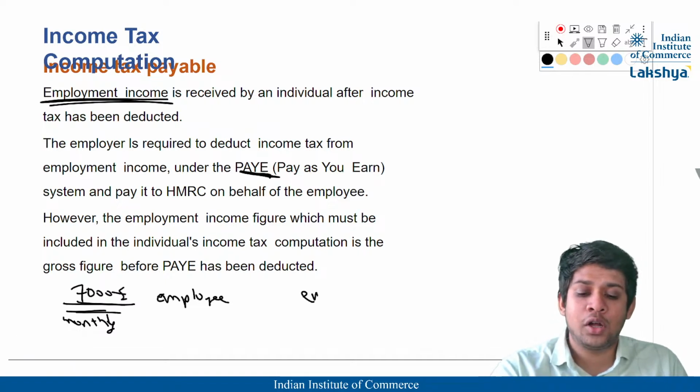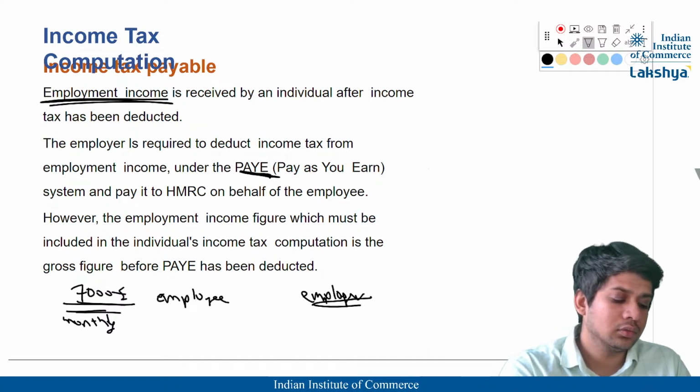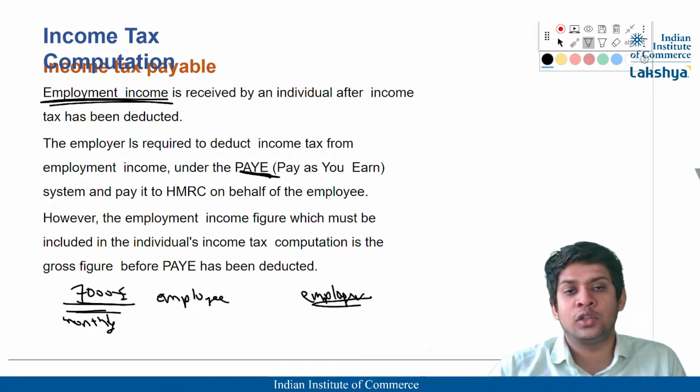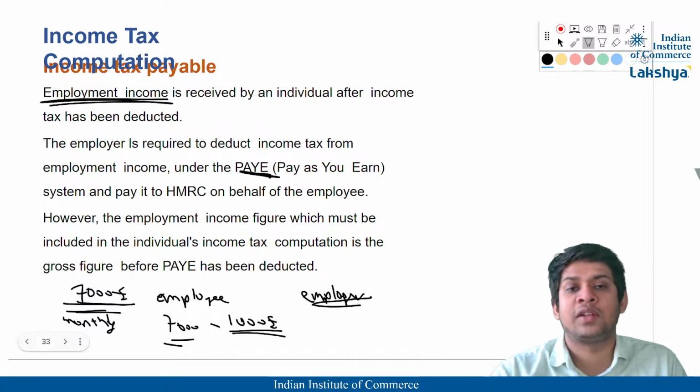That means the employer knows that his income is going to be taxable because 7,000 into 12, his income is reaching 84,000 pounds. So obviously the employee is going to be taxable. So every month when the employee receives the salary, some amount will already be deducted as a pre-collection of tax.